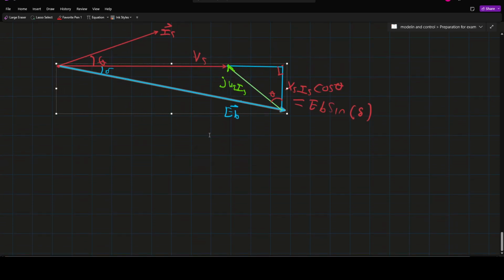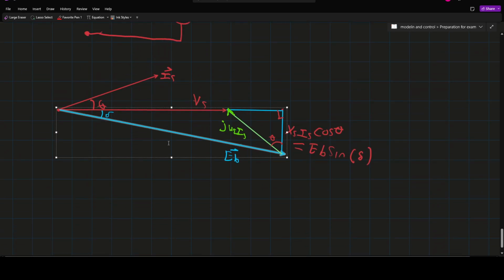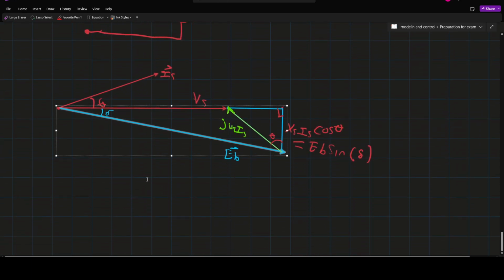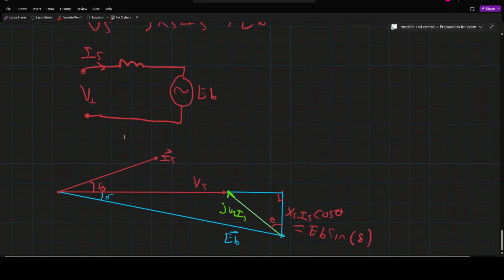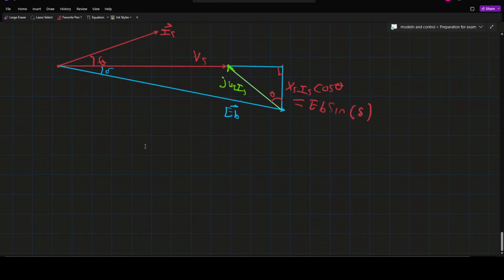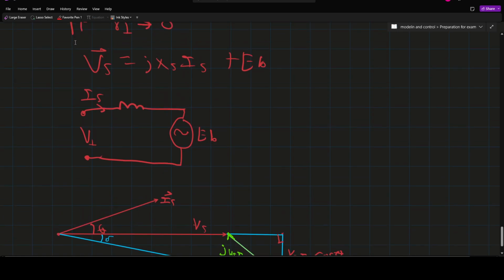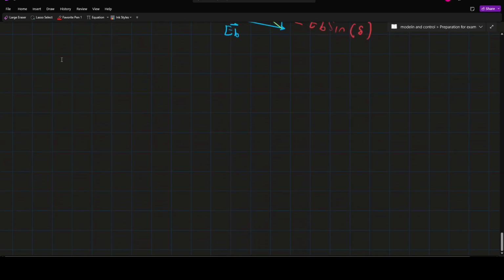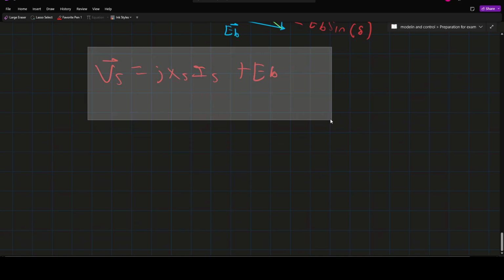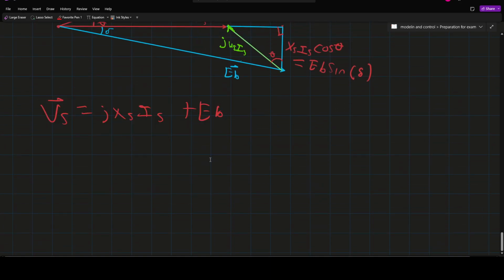Then we are gonna have our Ef. It's also gonna have a magnitude and an angle, and we're gonna call it psi. So here we have our voltage equation. If we have Vs minus Ef, we are gonna get j Xs Is.